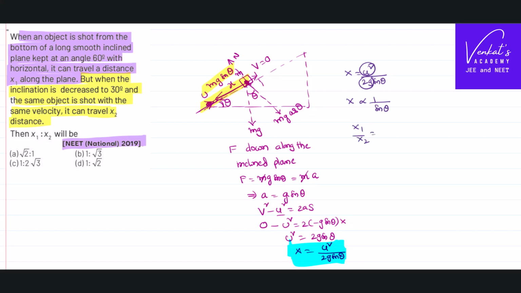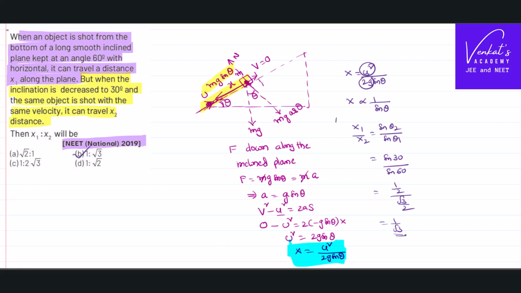So I can write x1 by x2 equal to sin theta 2 by sin theta 1. Theta 2 in the second case is 30 degrees, and in the first case the angle is 60 degrees. Sin 30 is half, sin 60 is root 3 by 2. So the ratio is 1 is to root 3. So the answer is 1 is to root 3.